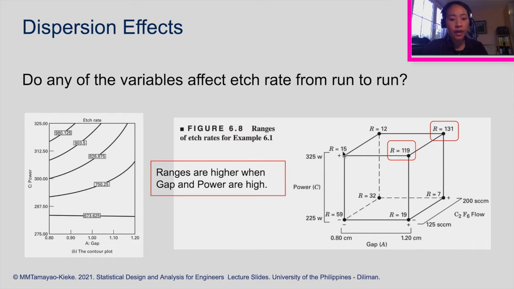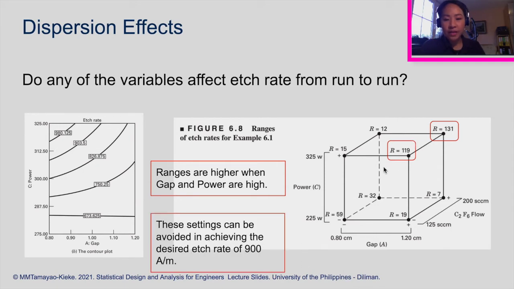And as you can see, at high levels of power and gap, the ranges are higher relative to the other ranges at other corners of this graph. Now, these settings can be avoided in achieving the desired etch rate of 900 angstrom per minute, fortunately.